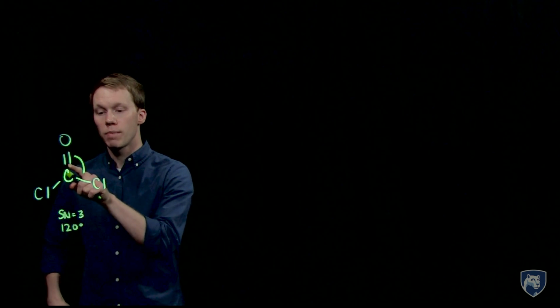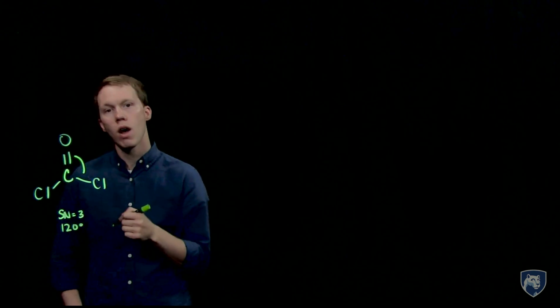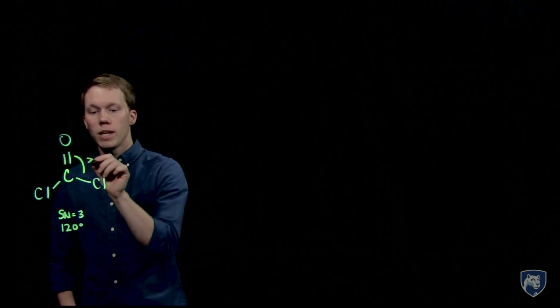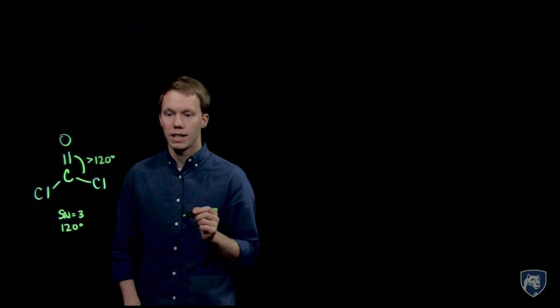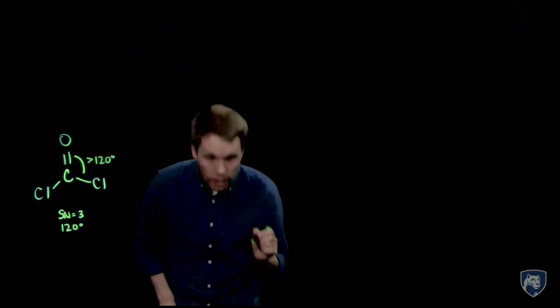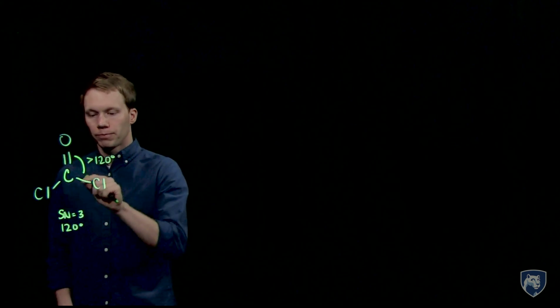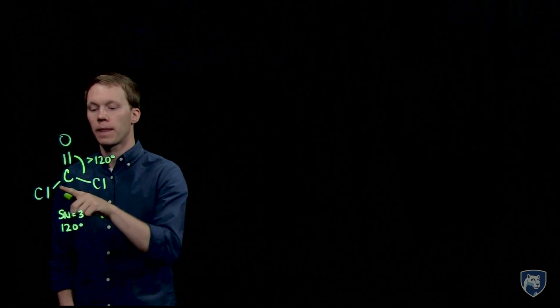So if we're taking up more space and have more repulsions here, this angle, should it be larger or smaller than 120 degrees? Well, it should be larger than 120 degrees. And in fact, it is 124.3 degrees experimentally. So we know that that is in fact the case.